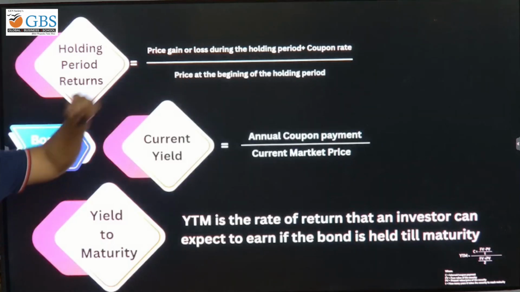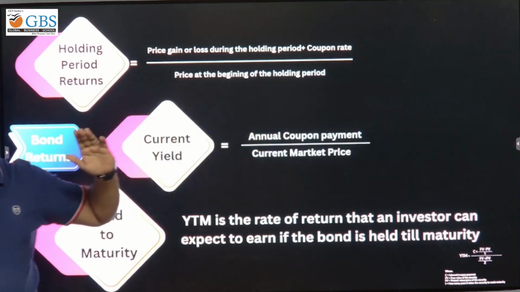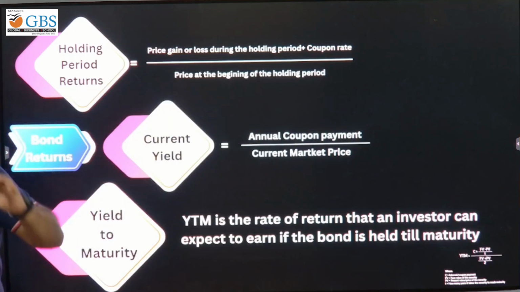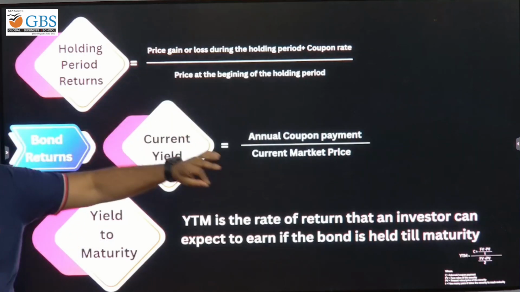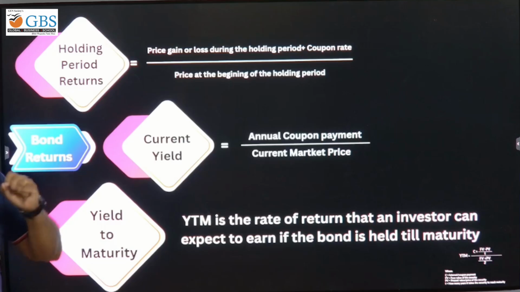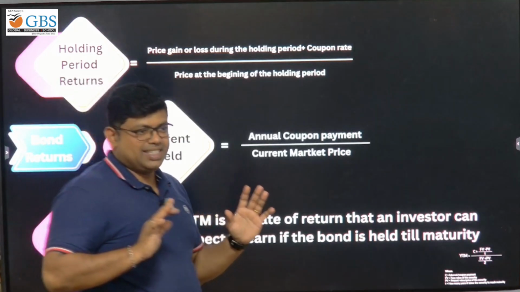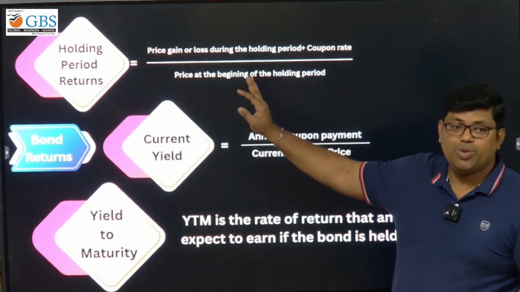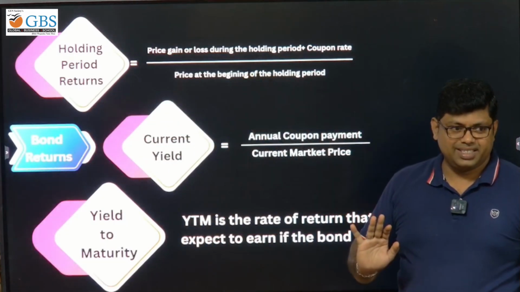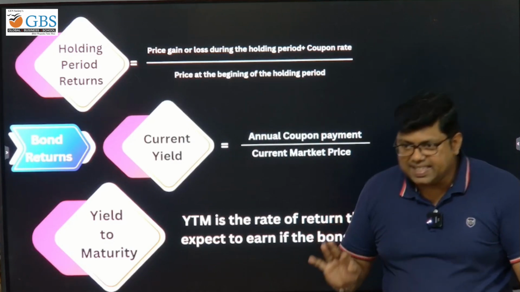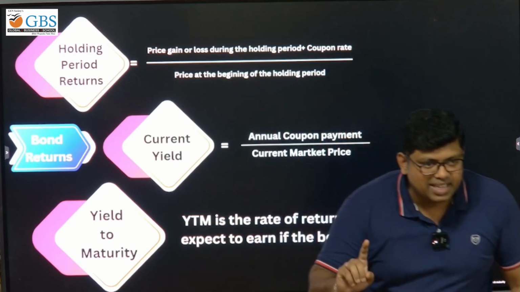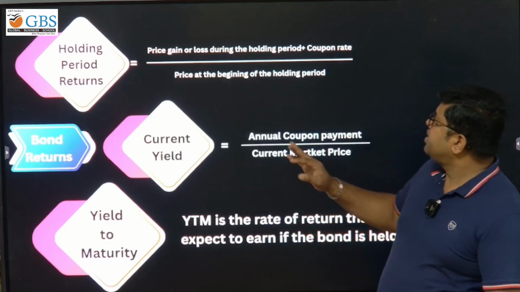Simple. If an investor holds that bond till maturity, what will be the expected return? That is called yield to maturity. See, a lot of difference. Holding period is until you hold it, which may be less than the maturity.